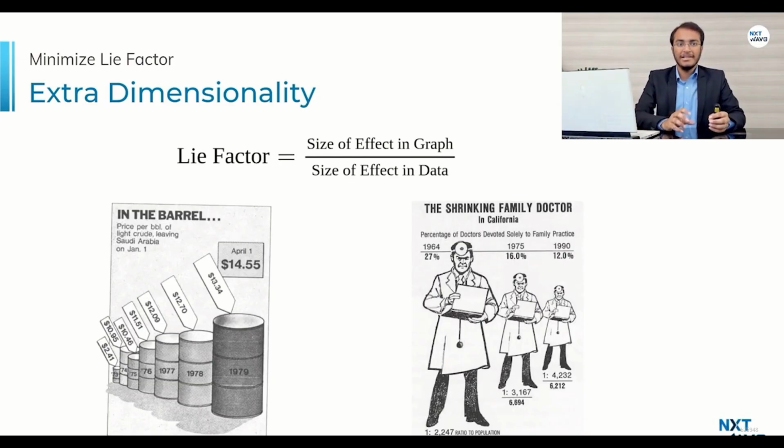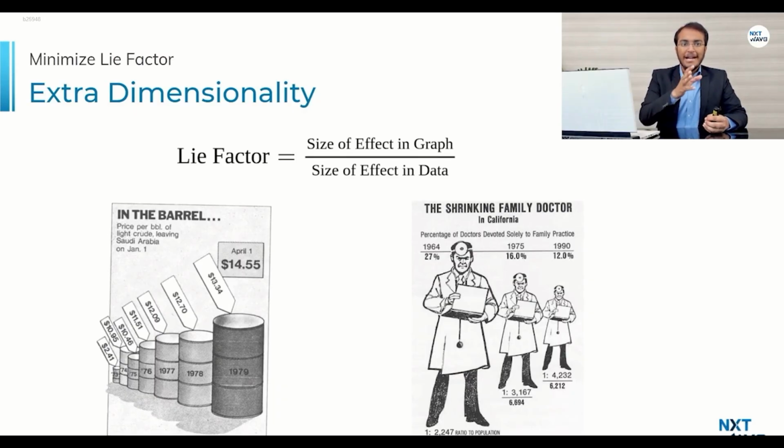On the left side you can see they are using these barrels. So maybe the barrel will indicate the price of a barrel or something like that, but still it is giving a wrong impression, because you can see that the increase in the size of the barrel is not proportional to the increase in the actual prices.